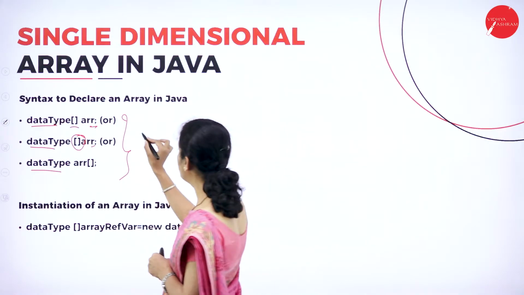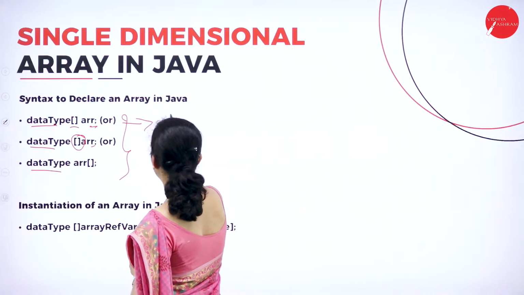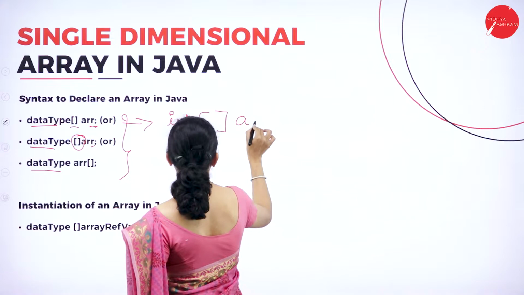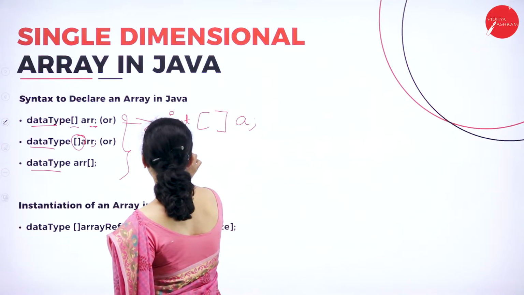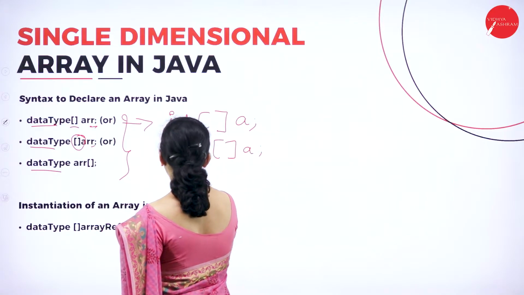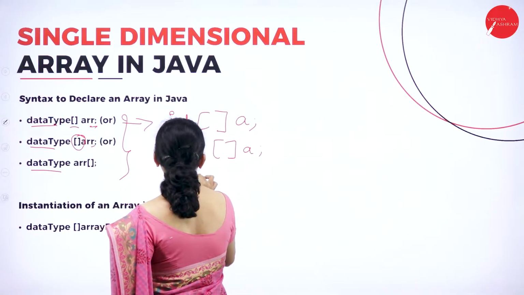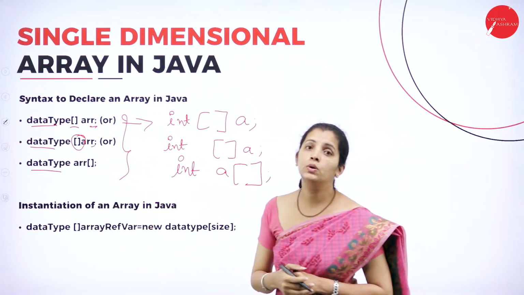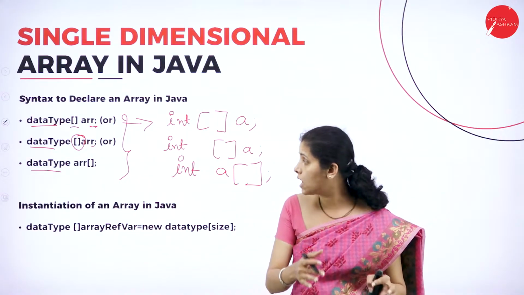For example, I'll write int[] A. This is the first one. The second one, int []A. And the third one, int A[]. So these are the three ways I can declare arrays in Java.